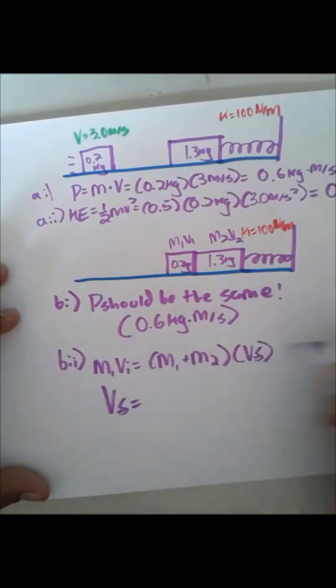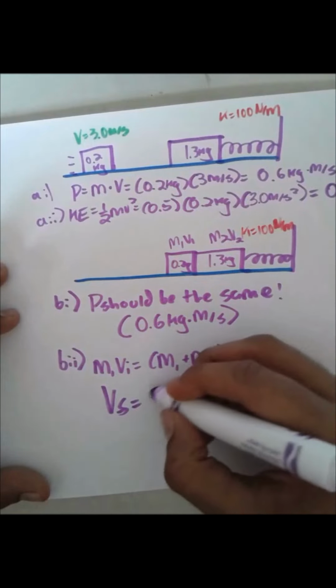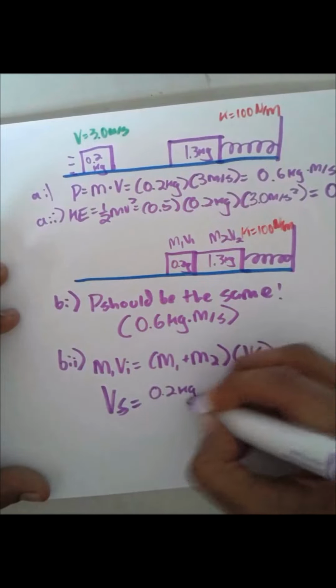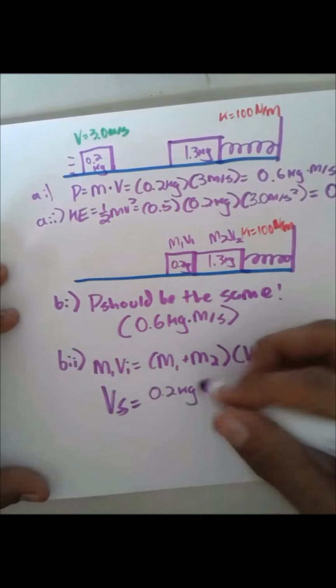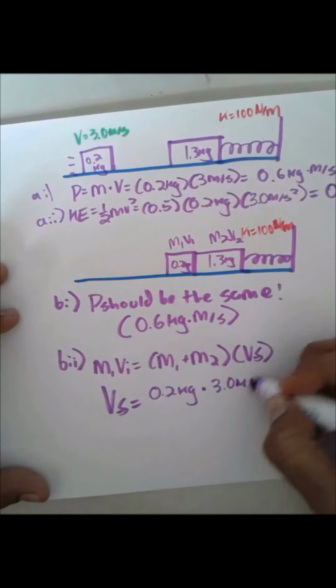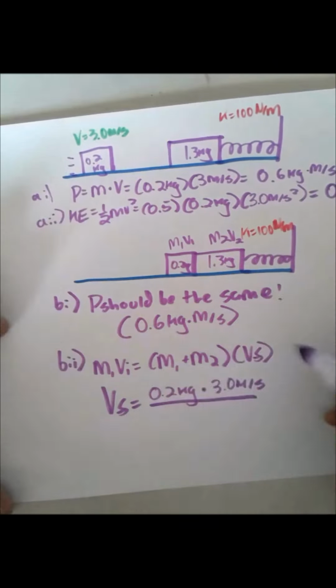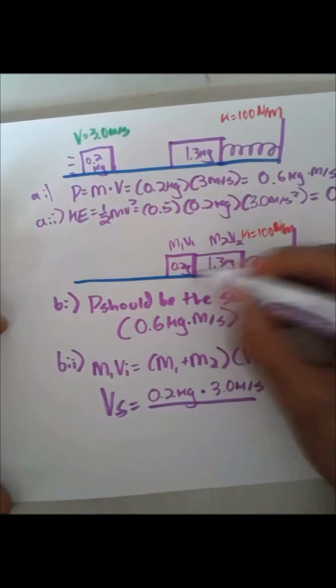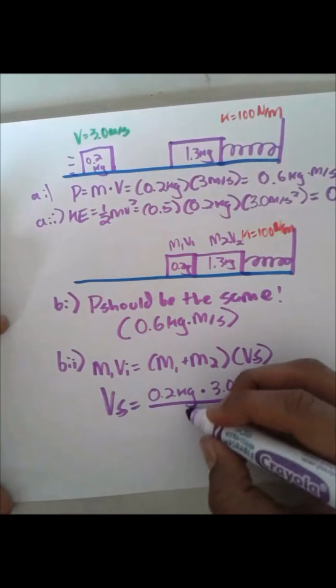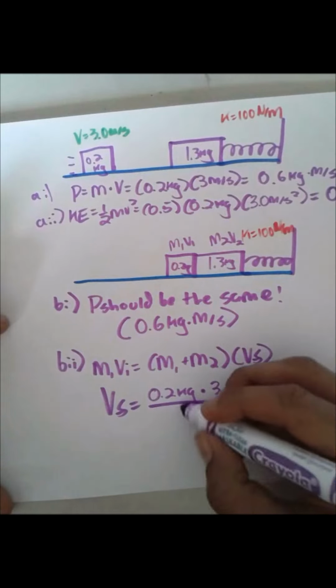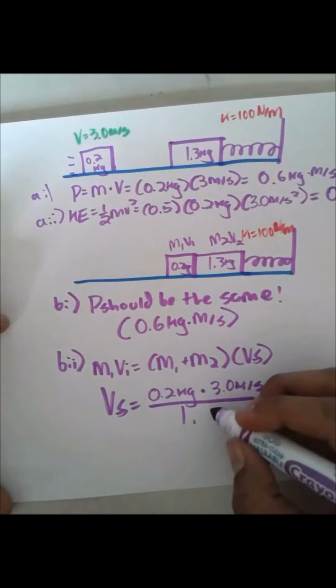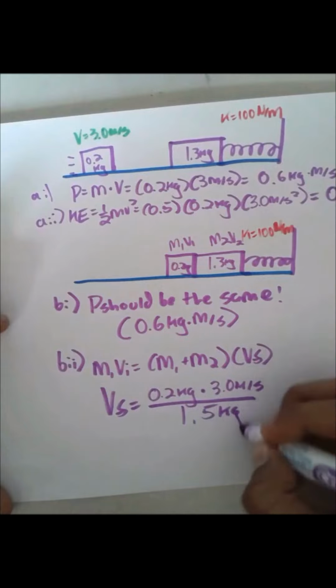The final velocity is just equal to mass 1, which is 0.2 kilograms, times V1, which is 3 meters per second, so the initial momentum, divided by the sum of the two masses. So we got 0.2 plus 1.3 kilograms. That should give you 1.5 kilograms.